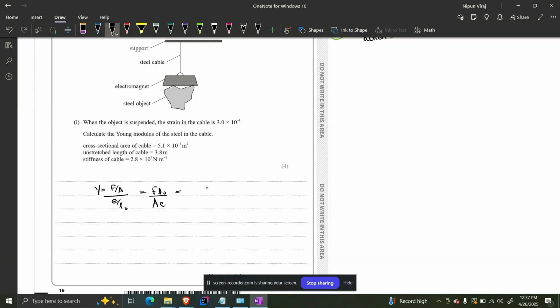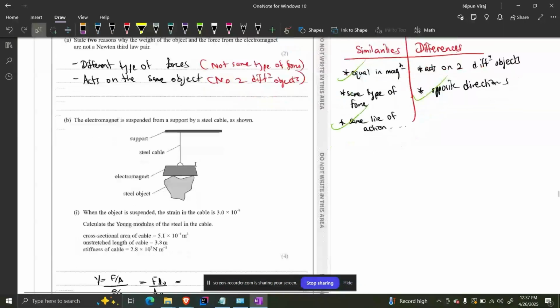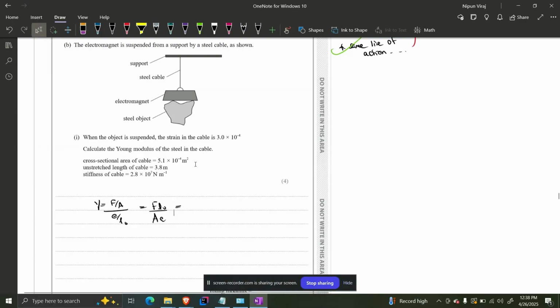But this is the way to go for Young's modulus. The thing is this: they have given the stiffness. The stiffness means actually something like spring constant. So if you want to find the force, we can say F is equal to K times x.